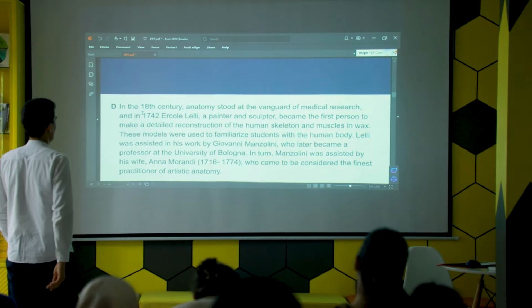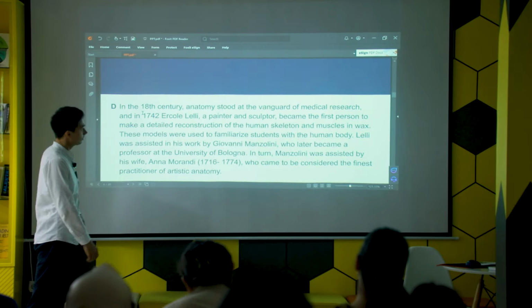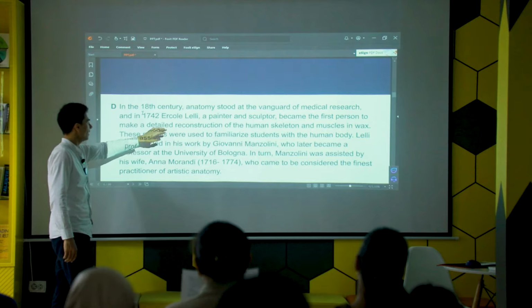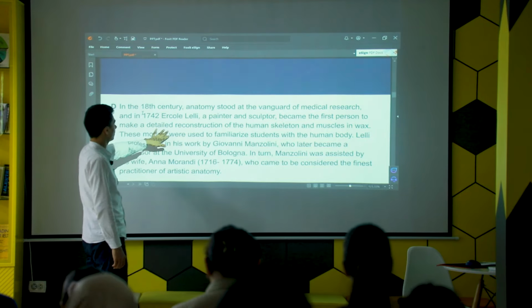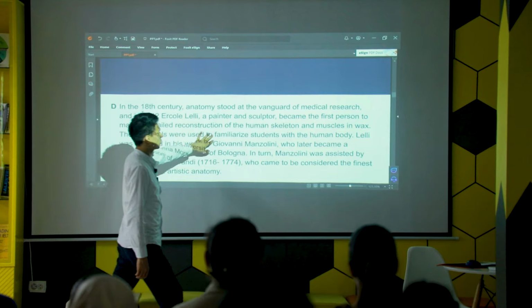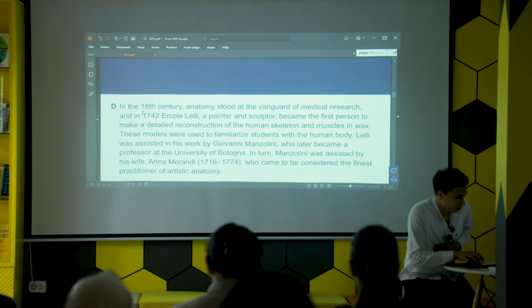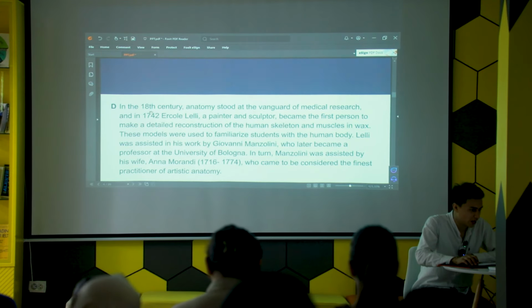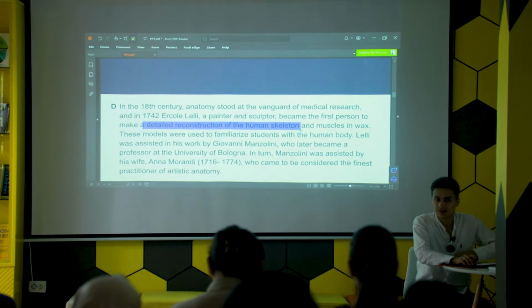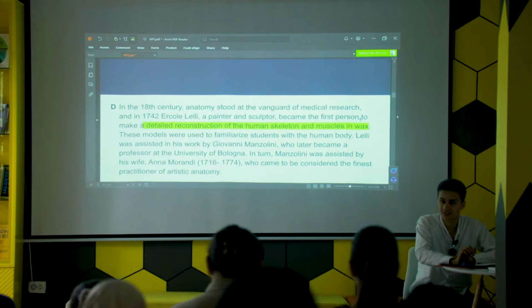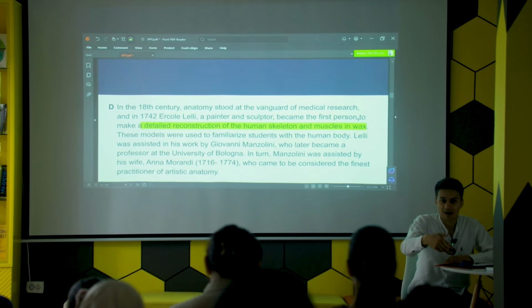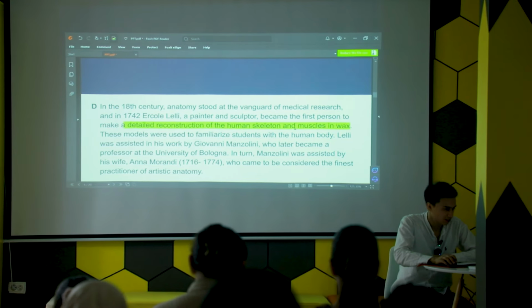In the 18th century, anatomy stood at the vanguard of research, medical research. In this year, Errico Lelli, a painter and sculptor, became the first person to make a detailed reconstruction of the human skeleton and muscles in wax. The human skeleton, muscles, what did he make them from? Wax. From wax. What is it in Uzbek? Mum.